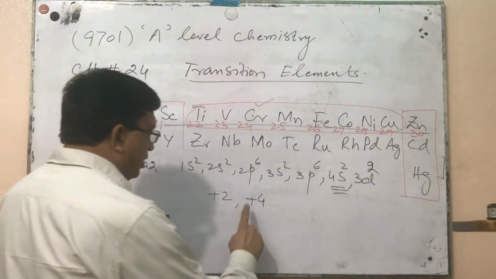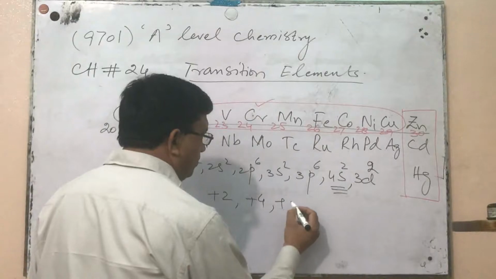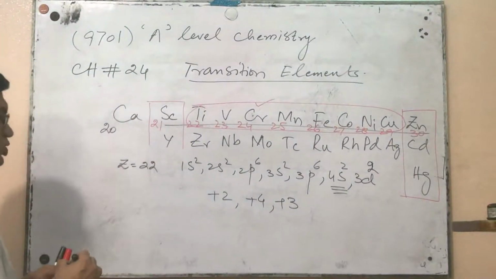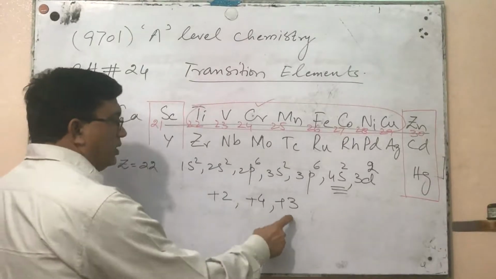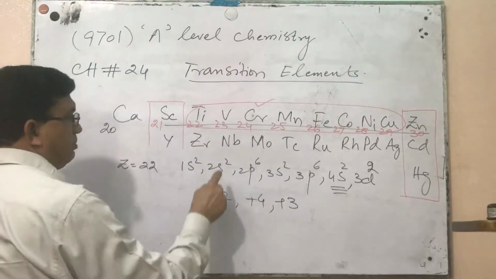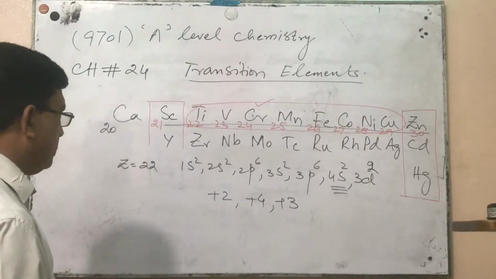But in this case, along with positive 2 and positive 4, there is another oxidation state, positive 3, that can also be developed, due to which this titanium becomes a typical transition element.